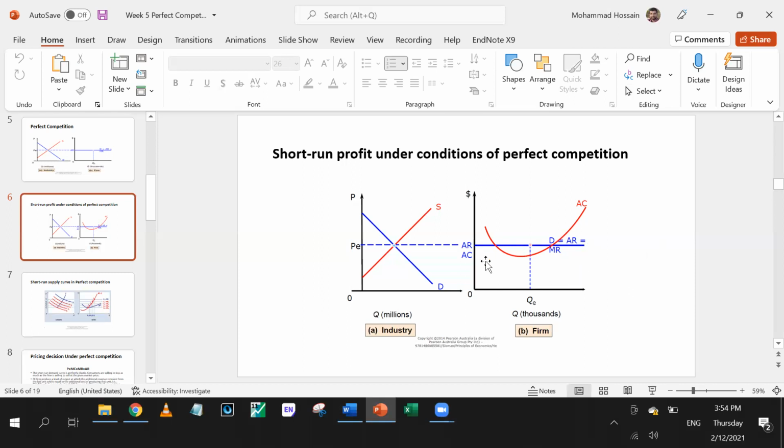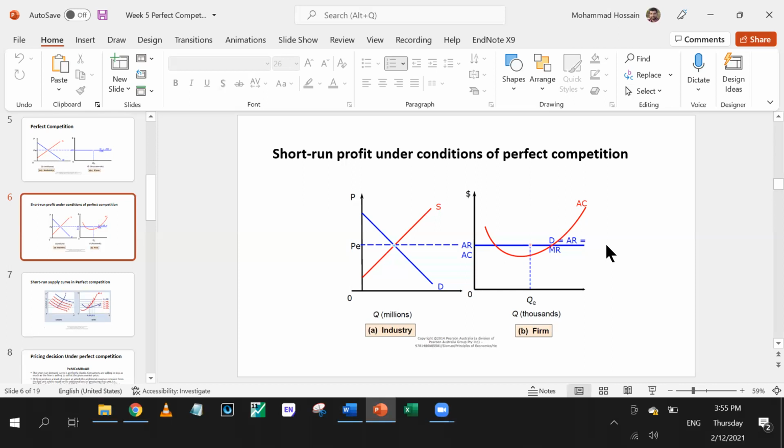So when you have a demand curve like this, a horizontal demand curve, can anybody tell me what type of elasticity it will have? Hello, Mohammed. Yes? Just normal elastic.